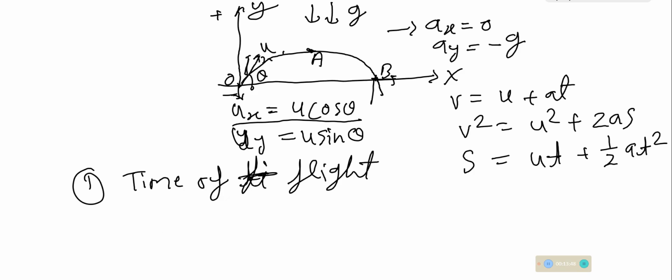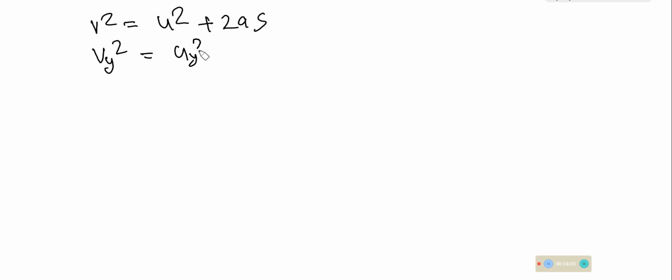Here v square is equal to u square plus 2as, where v is vy and u is uy, so it is uy square minus 2g, minus because of the acceleration in the negative y direction, and s is the displacement in the y direction, so this will be h maximum, and v square is equal to 0 at this point.